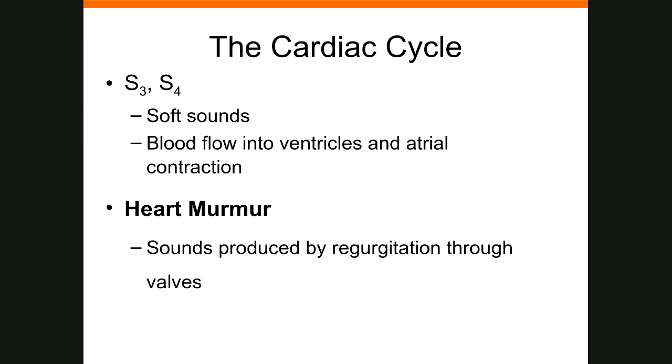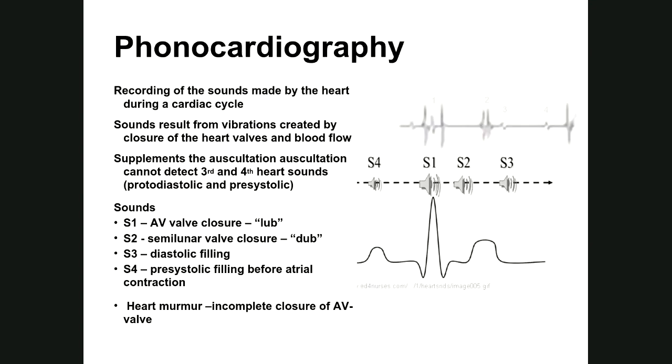And the heart murmur sound is produced by regurgitation through the valve. So what we record by phonocardiography is the sound created by the closure and opening of the heart valves and the blood flow.